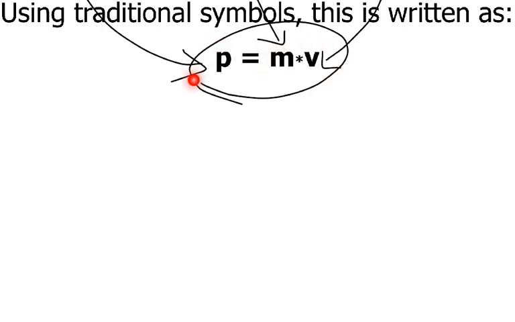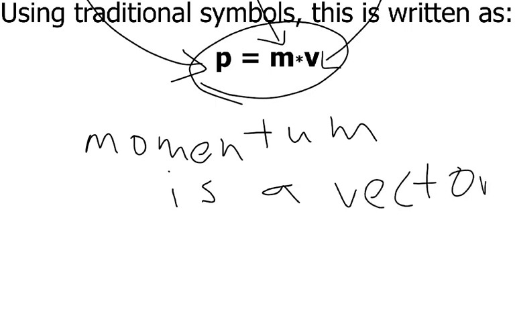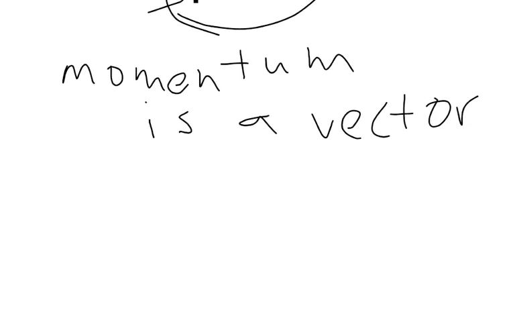That means that momentum is a vector. Alright, that means it's not enough to just give its numerical value. It's not a scalar, it's a vector. So you have not totally given the answer of what the momentum is unless you give a direction as well.